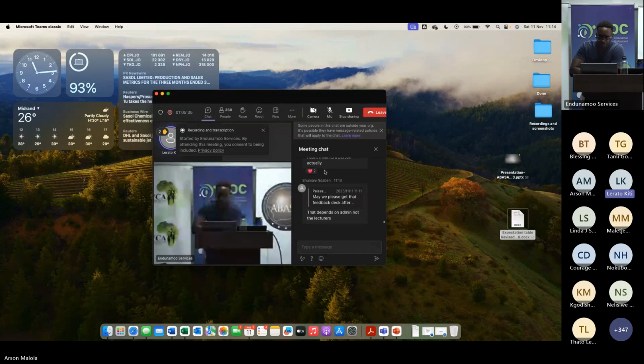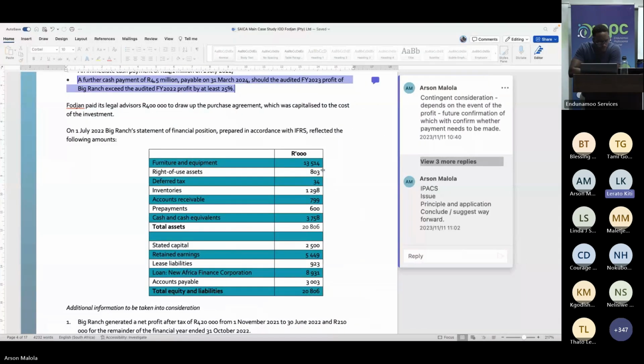Okay, so my question was, when you were explaining about the point of contingent consideration, I never know when to explain something and when not to explain something. For example, the identifier just said that it is a contingent consideration. Knowing me and being scared of missing what was actually going to result in a mark, I would most probably have gone into detail to explain why I thought it's a consideration.